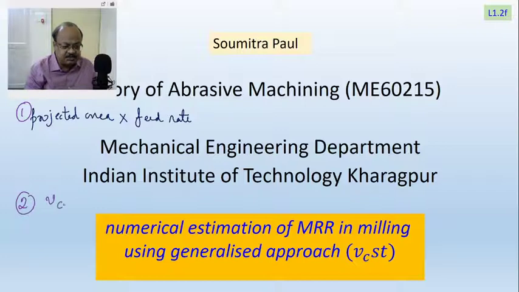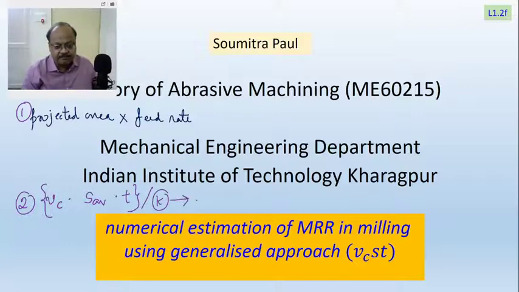This is VC into S average into T divided by a constant, maybe K. What is this K? This K tells you by what fraction of time you machine. Is it half of the time you are machining, one-fourth of the time you are machining? So this K decides that. Using these two approaches, we will see how to solve the numerical problem.